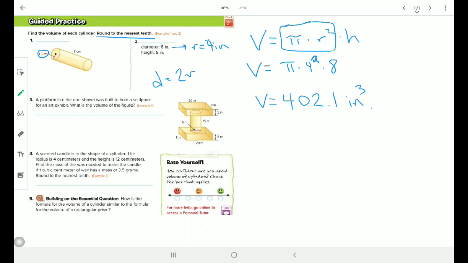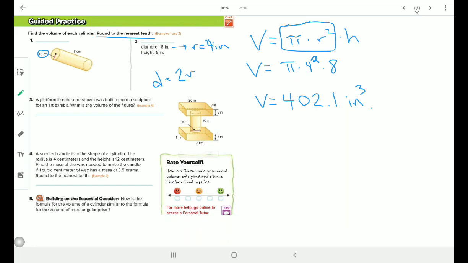Once again, I have my unit and it is labeled to the third power. Okay? So make sure you decide whether we are given the radius or the diameter. And you need to make sure that you are always using the radius in your formula.